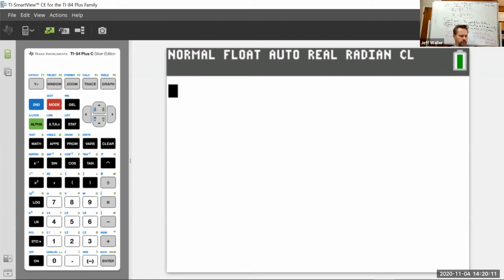So if I put this in the calculator, it's going to look like this: parenthesis. You guys can see my calculator, right? So parentheses, so the calculator knows what's on the top.